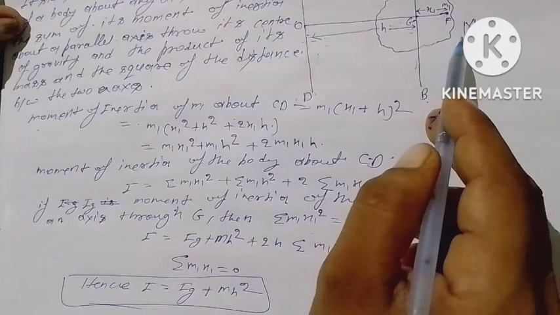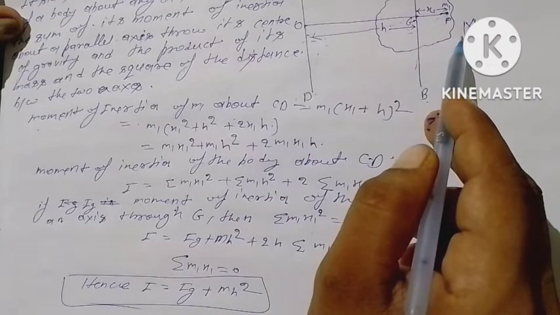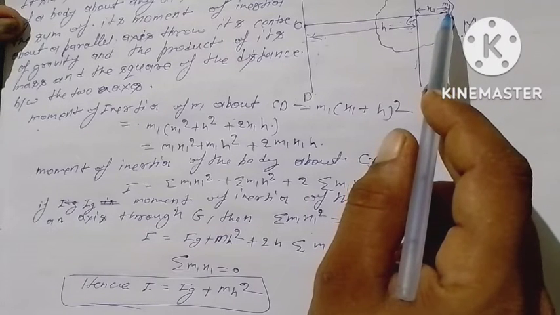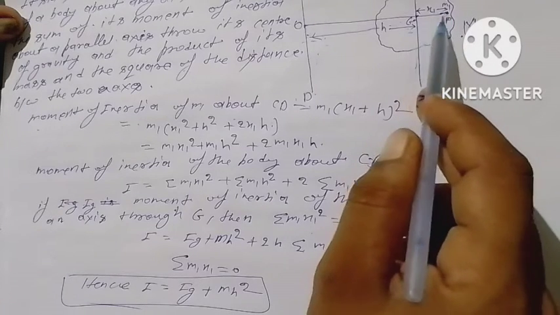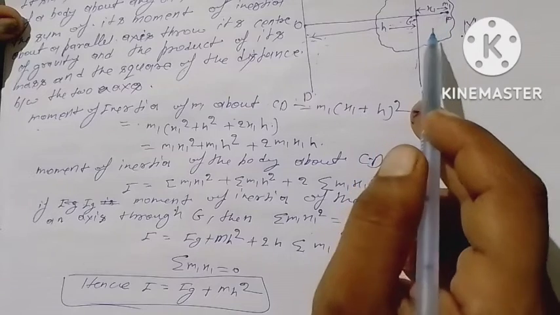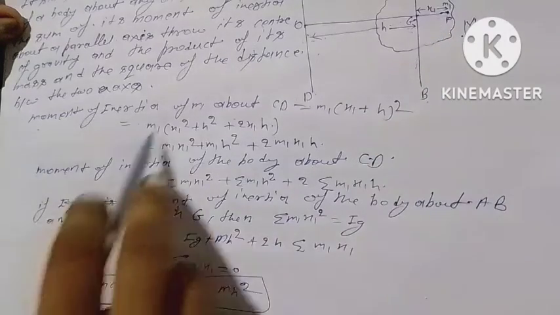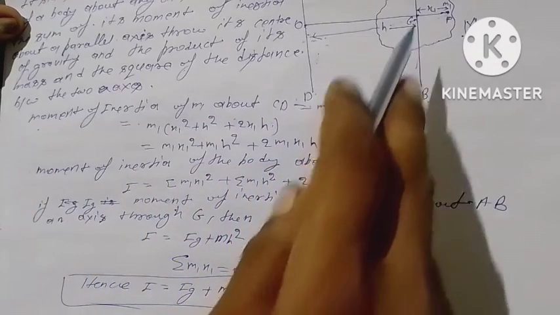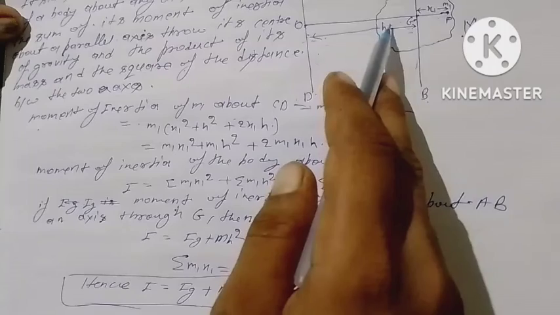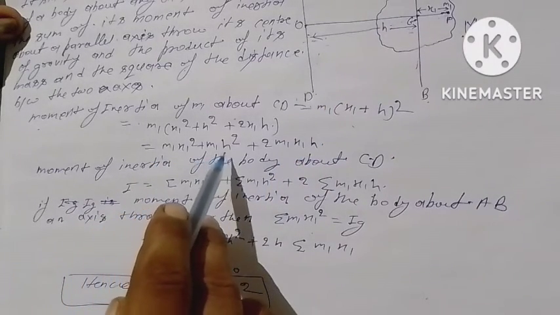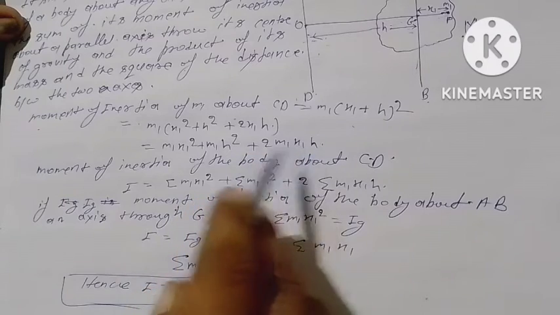Let capital M be the mass of the body and m1 the mass of the element at P, distance x1 from AB. Moment of inertia of m1 about CD equals m1 (x1 plus h) whole square. Solving, m1 x1 square plus m1 h square plus 2 m1 x1 h.